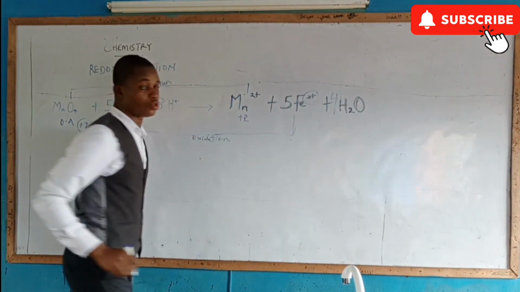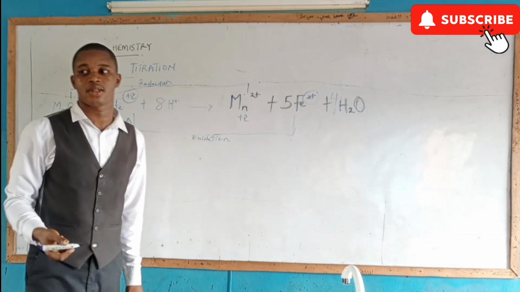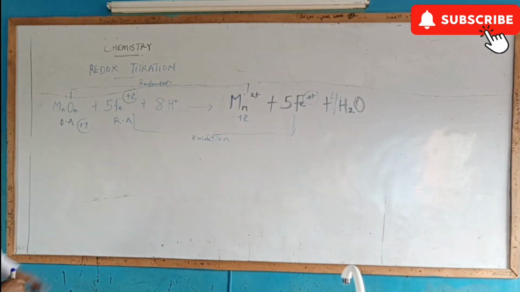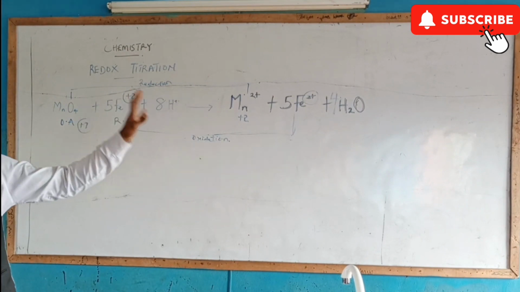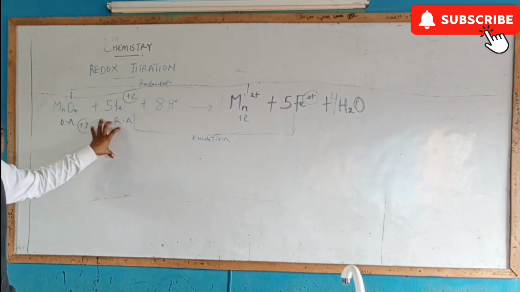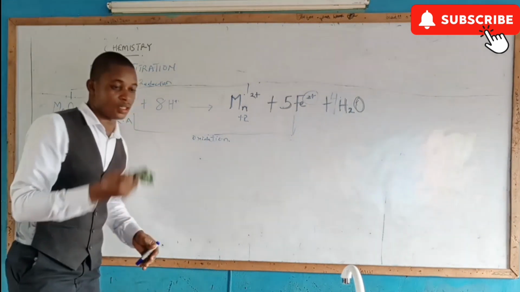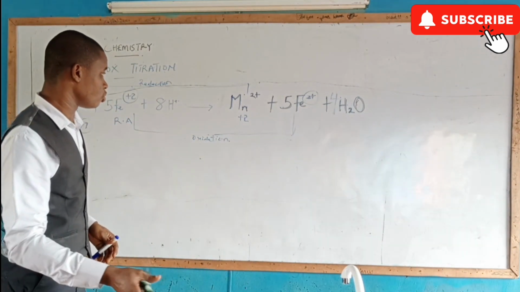So conversion of iron 2 to iron 3 is known as oxidation. We should not forget oxidizing agents end up being reduced. Reducing agents will become oxidized. This is important information to follow.